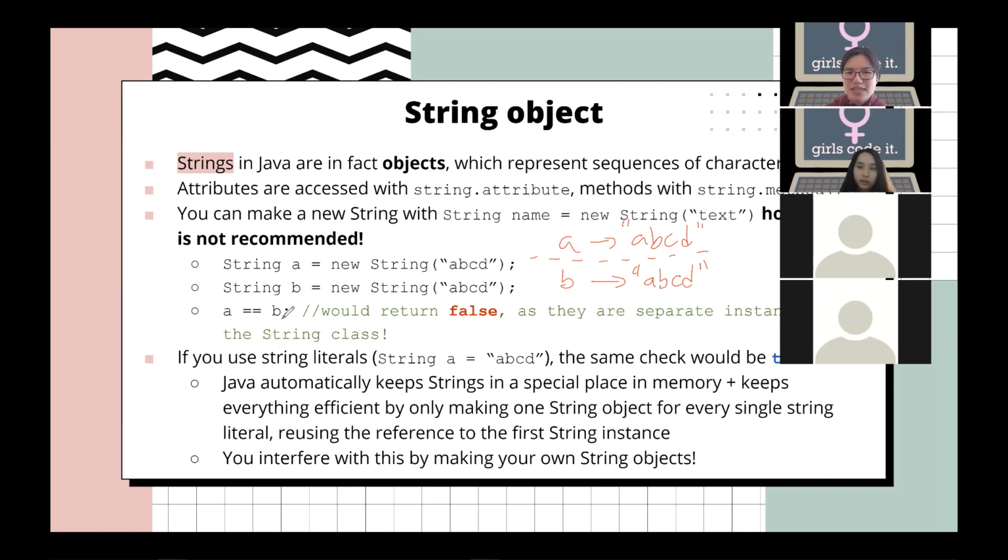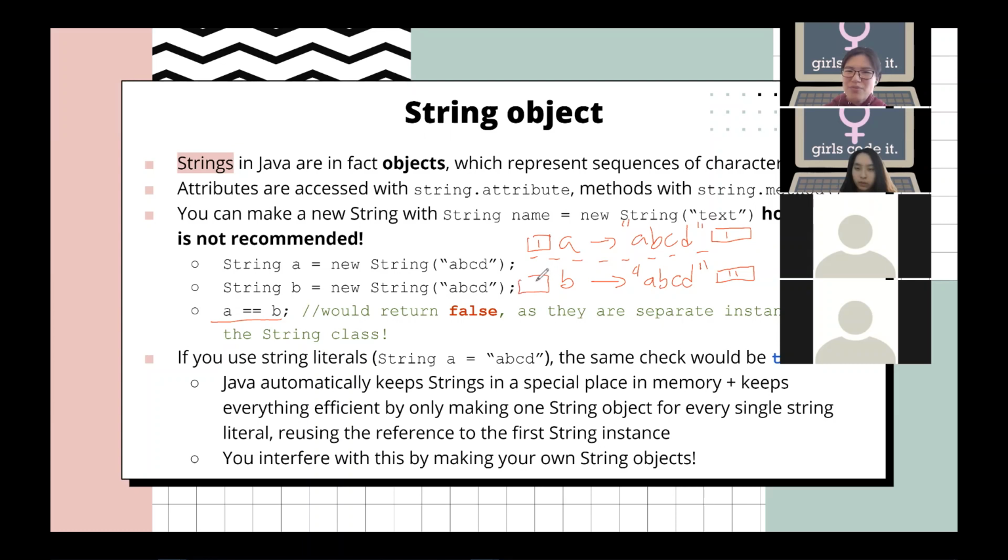So when you do A equals B, you're actually comparing the values of A and B. Say this ABCD is in memory address 1, and this one is in 1, 1. The value of A would be 1 because it stores the address of the first string object.